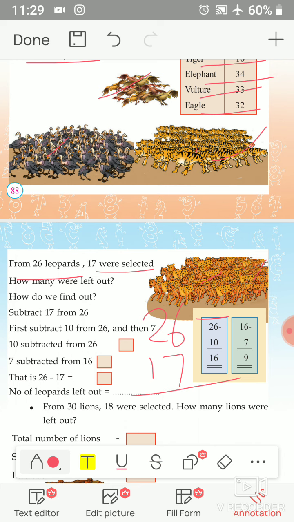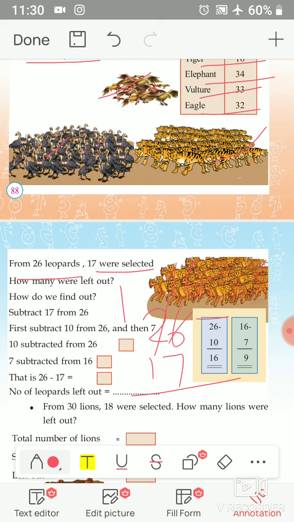In this text, two methods are discussed, but we only need to study one method thoroughly. Okay, then the teacher will show you one method, 26 minus 17. Here 6 minus 7, subtract is not possible. So what will we do? We need to borrow from the nearest number, that is, 2 becomes 1 and 6 becomes 16.